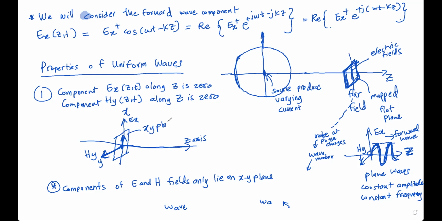This is the XY plane. The electric and magnetic field components are only in this XY plane. It's a very simple idea. No components of electric and magnetic fields will be along the Z axis. The Z axis is the axis along which the wave is propagating. Okay, so that is the first property.